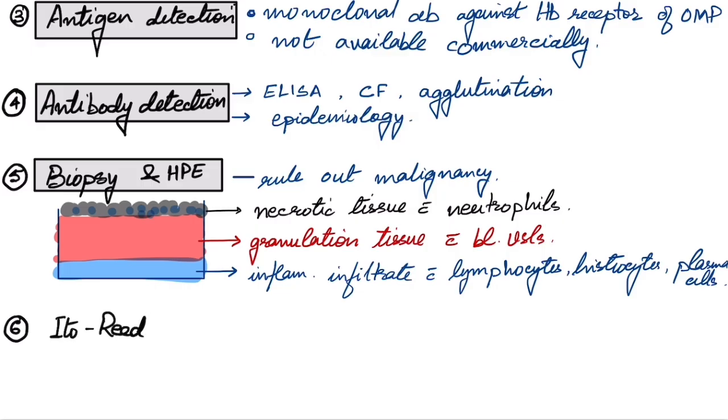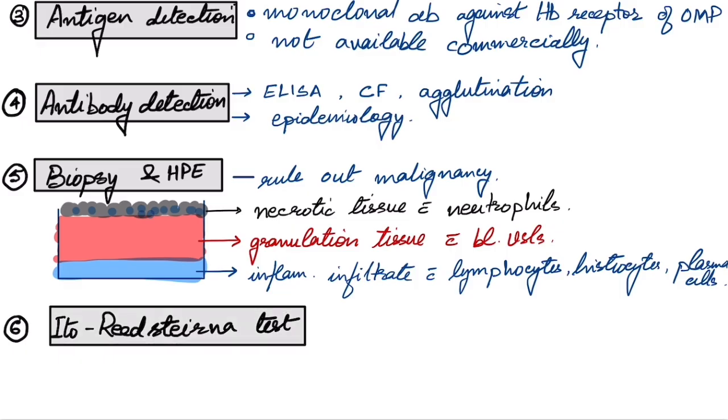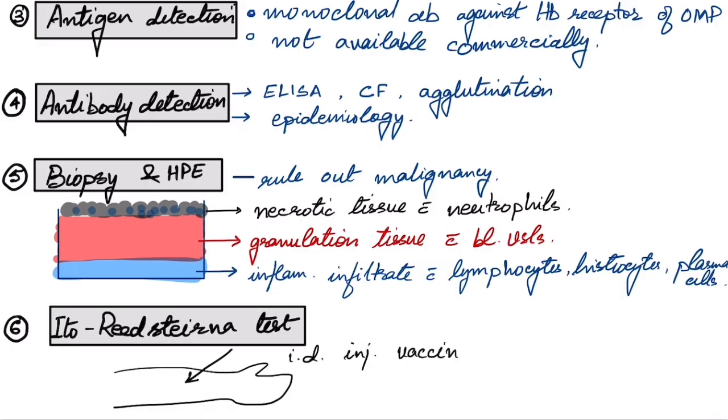Next in the queue is the Ito-Reenstierna test. This is an intradermal test. So in this test, we give an injection intradermally. Injection of what? It is a preparation of, or you can say vaccine of killed Haemophilus ducreyi bacteria.